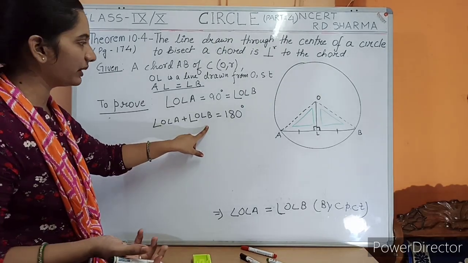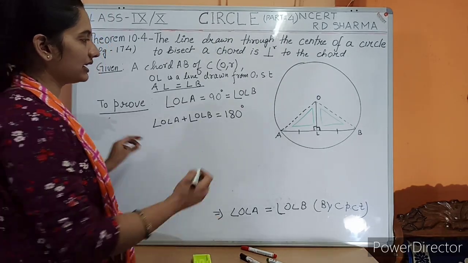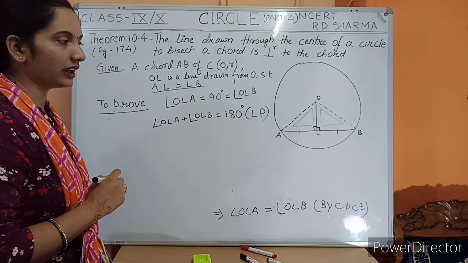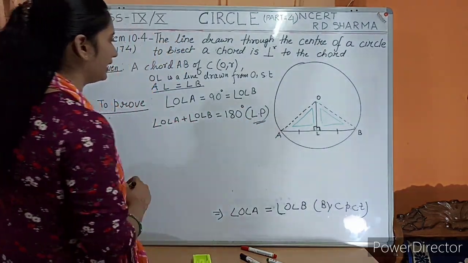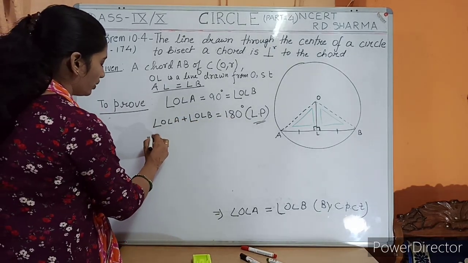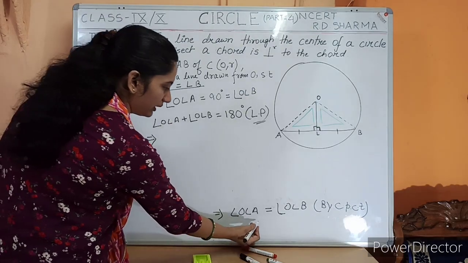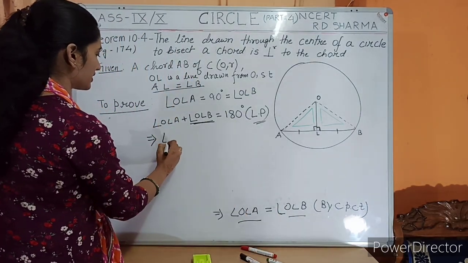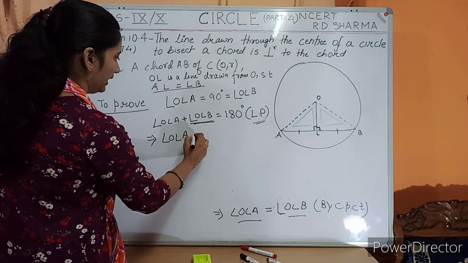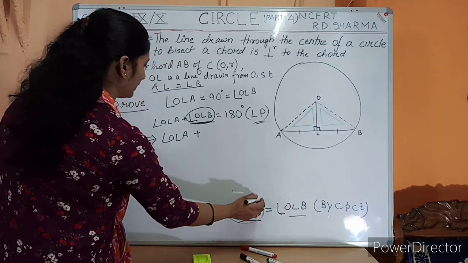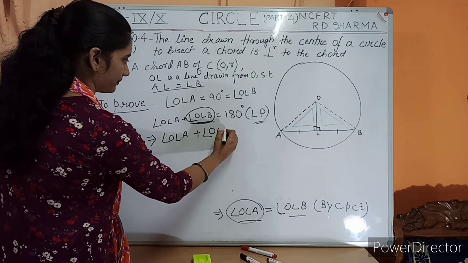What is the property behind this? The property is linear pair. You may write down the full form of it. This LP is nothing but the linear pair. So now we know that both the angles are equal, so we can replace the second angle with the first. I'm replacing this angle with this because both the angles are equal.